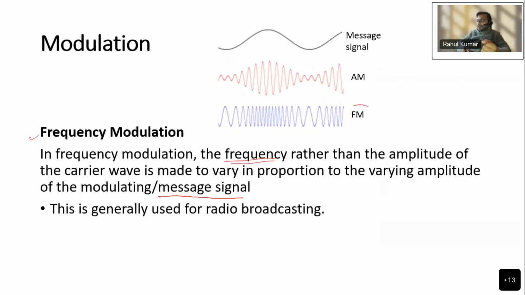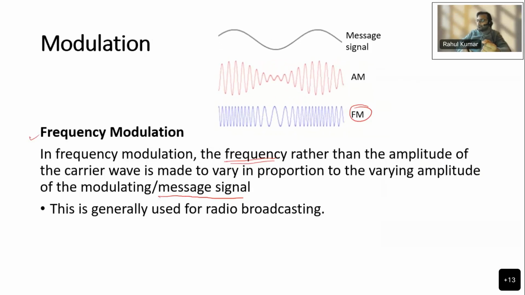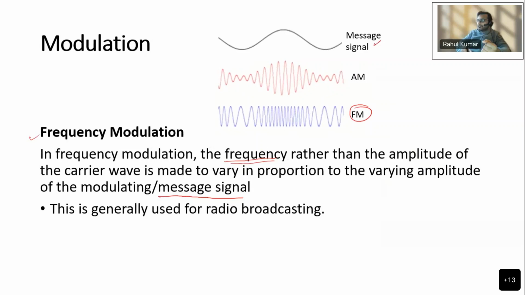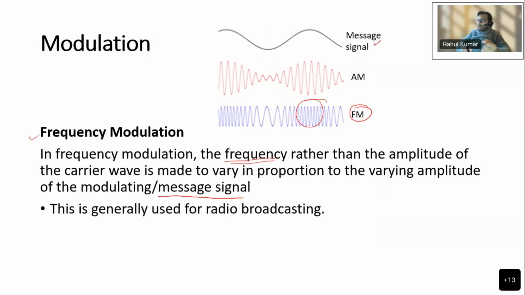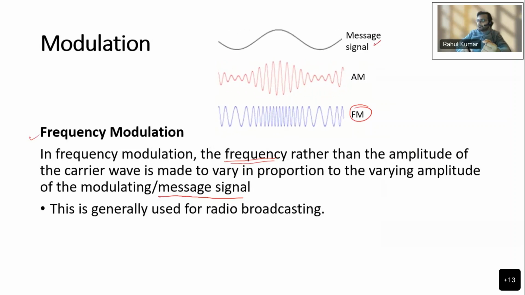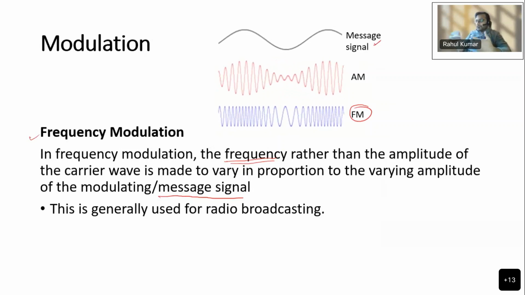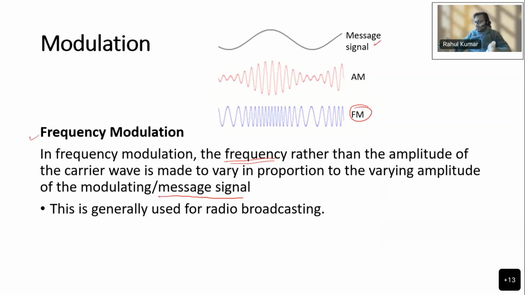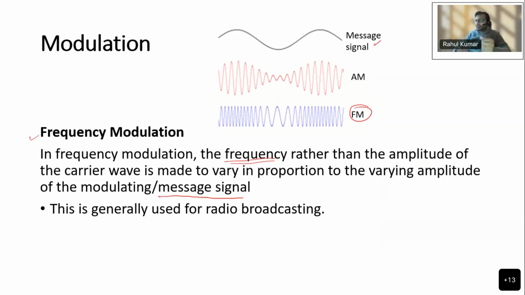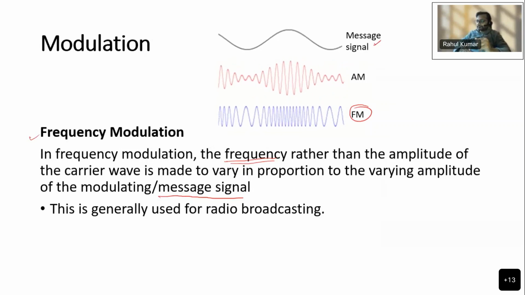You can see the frequency of the carrier wave is varied. FM modulation is used for radio broadcasting. You must all be listening to FM radio stations, so that is a very good example of broadcasting.